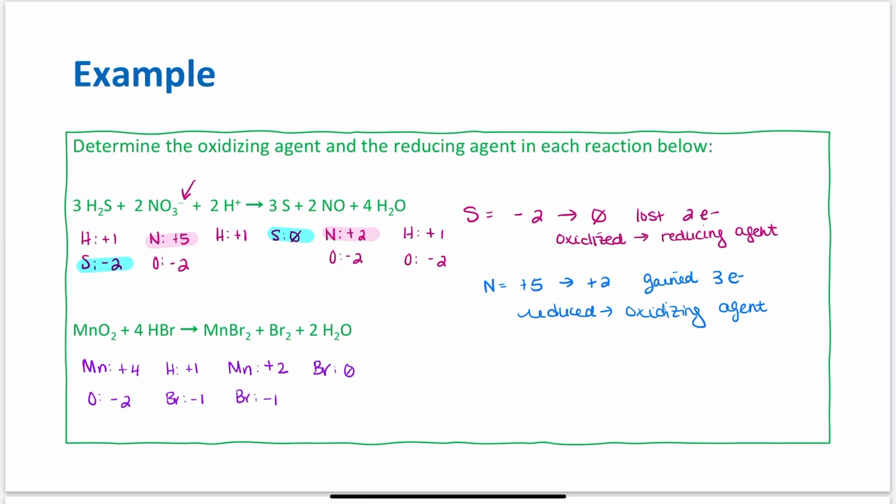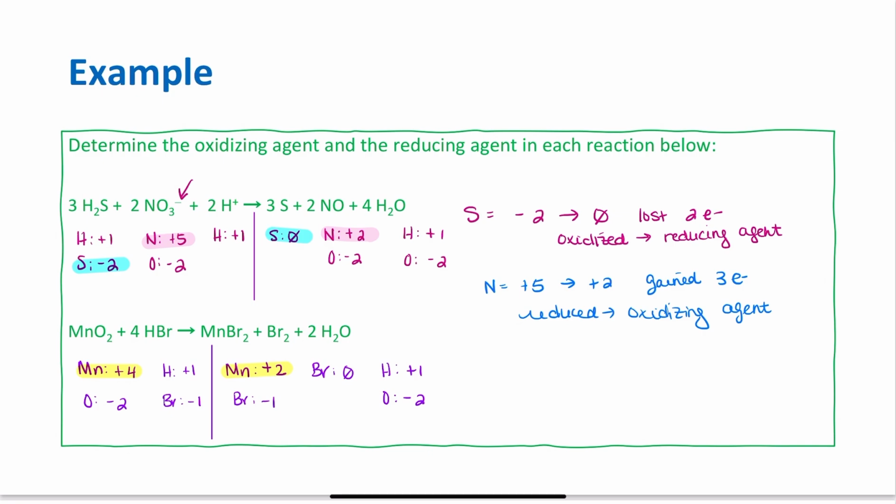Here I've got Br2, which is its most stable state. The bromine moved to a 0 charge. And then I have a hydrogen and oxygen, -2 and +1. So manganese +4, +2, something definitely changed there. Let's just intentionally put the line for the reactant to product in here, because otherwise it's kind of confusing.